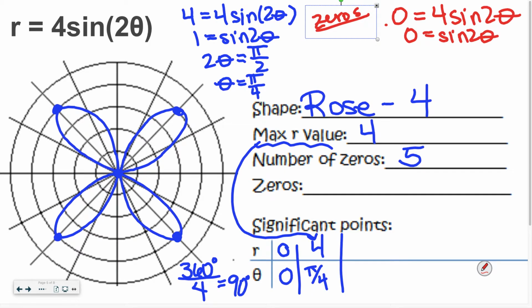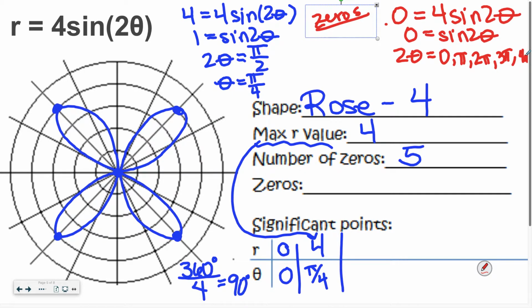Okay, we're looking for where the sine is equal to 0. Our angle is 2 theta. So I'm going to write 2 theta equals. We need to write 5 times where the sine is equal to 0. So the first place would be 0, then pi, then 2 pi, then 3 pi, then 4 pi. We listed the 5 times sine is 0 because we have 5 zeros.